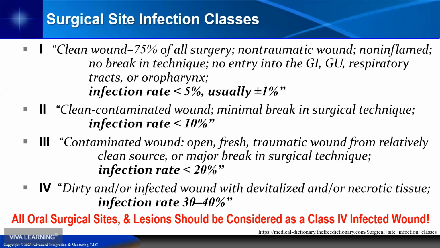Because there's no way in the world that we can eliminate the bacteria that are constantly bathing our surgical sites, all of our wounds in our surgery are considered class 4 infected wounds. And so we need to be able to treat them appropriately.